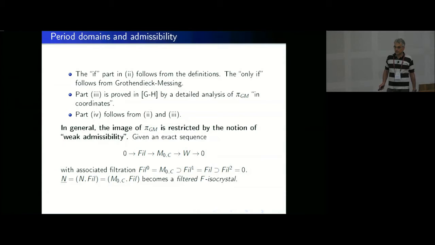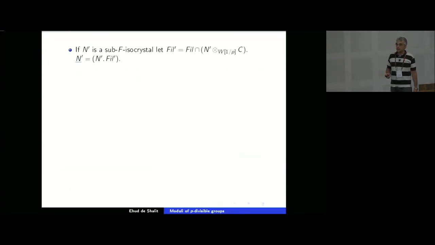where N is the isocrystal, it's actually the Kroton-Messing crystal associated at OC, evaluated at OC, and then rationalized, becomes what's called an F isocrystal. And if N prime is any sub-F isocrystal, you can look at the induced filtration.